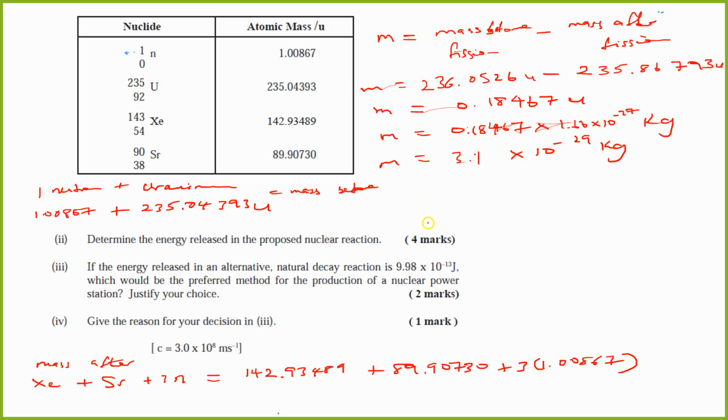We're not finished as yet. So to find the energy now, we're saying E is equal to mc squared. So I'm taking that 3.1 times 10 to the minus 29. I'm going to multiply that now by 3 times 10 to the 8 all squared. So let's do that.